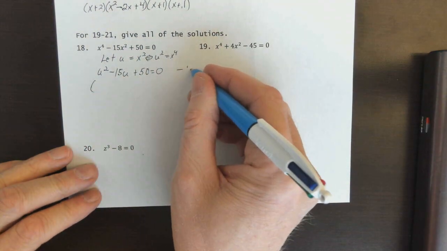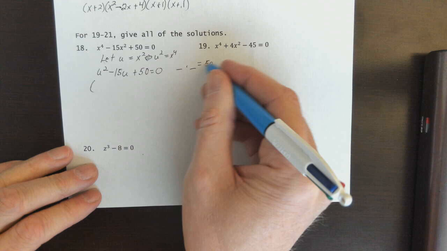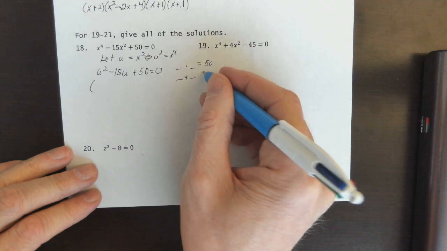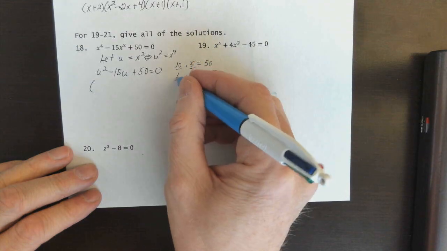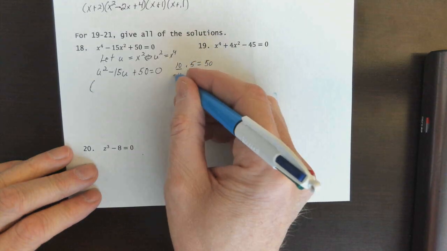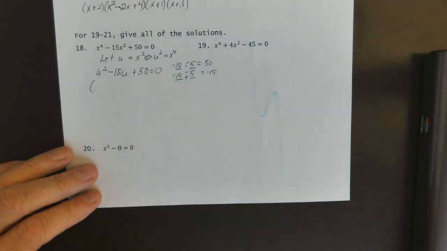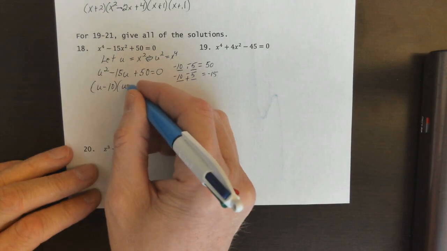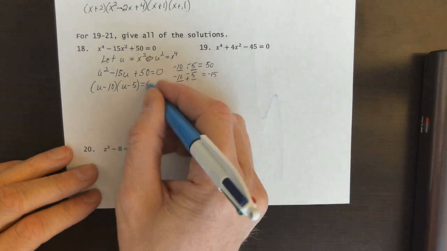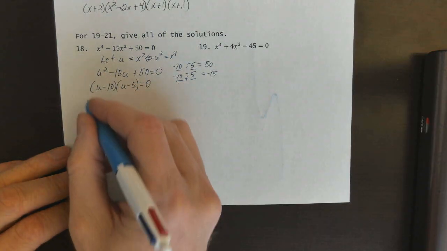Now, I already think I got something that'll work, because 10 times 5, 10 plus 5, but I need negatives, and that will make it work. So u minus 10 times u minus 5 is equal to 0.